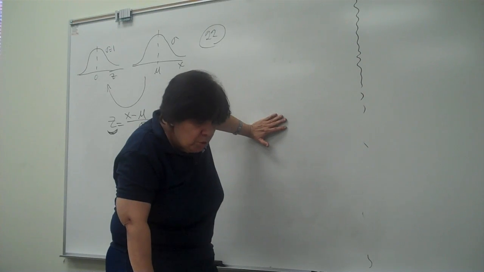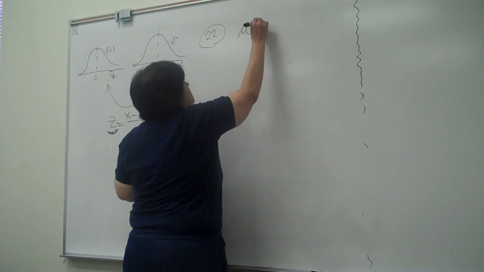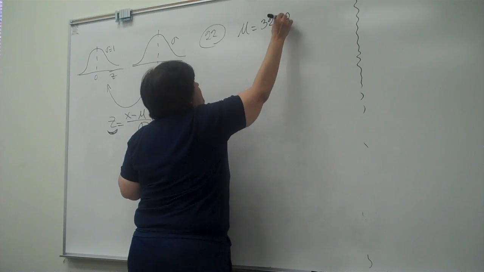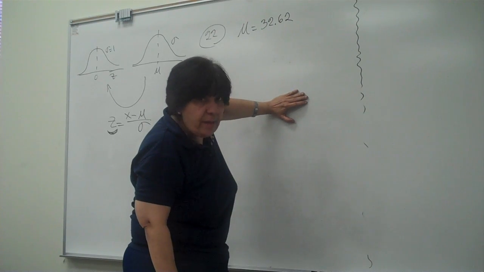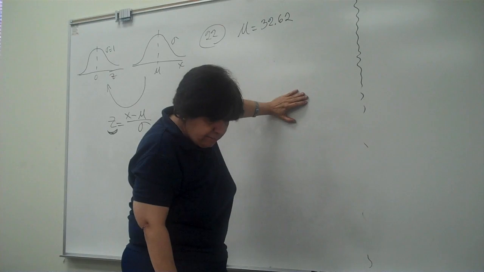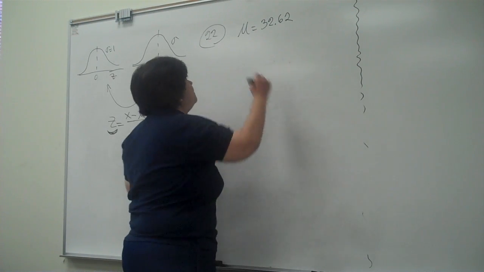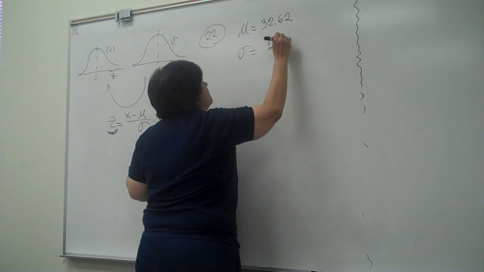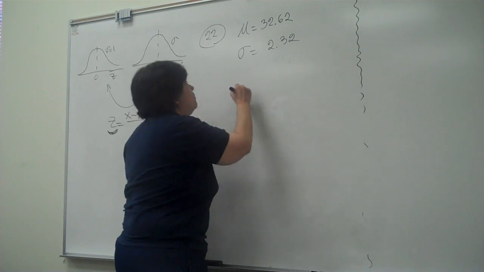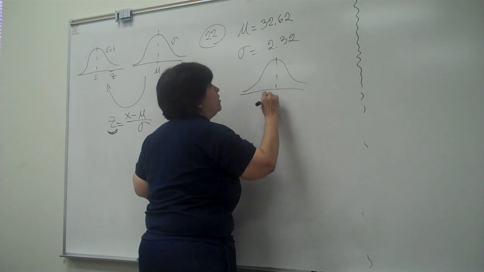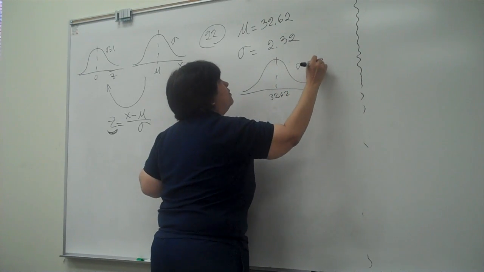So they tell you that mu is equal to 32.62. This is the mean of the distribution. This is the mean hourly pay rate of the financial managers. And the standard deviation is 2.32. So they are giving us the normal distribution, this is 32.62, and the sigma is equal to 2.32.